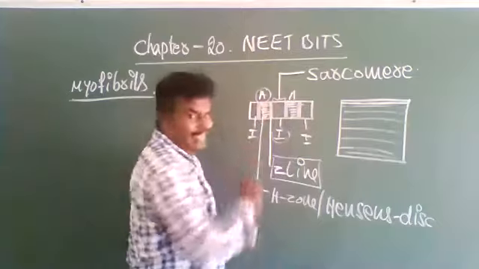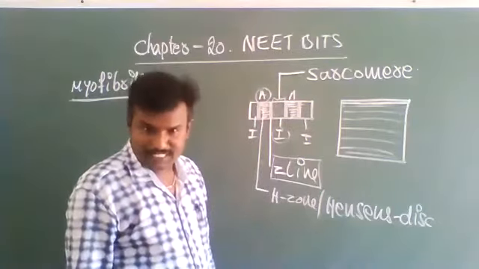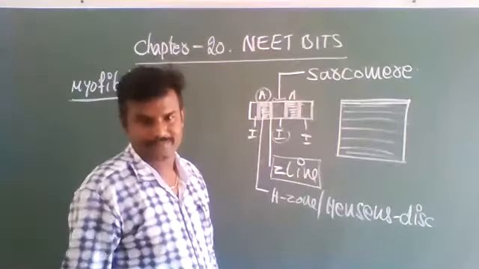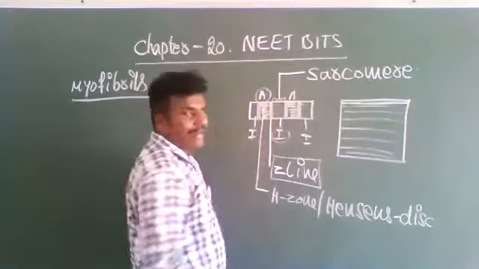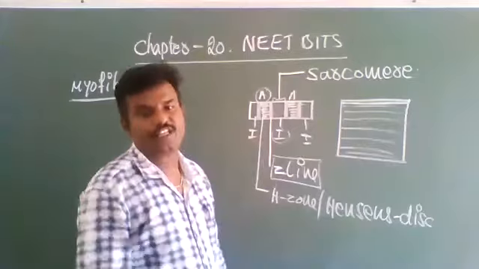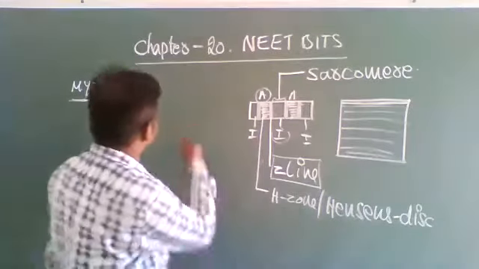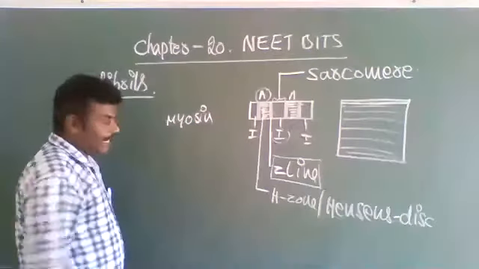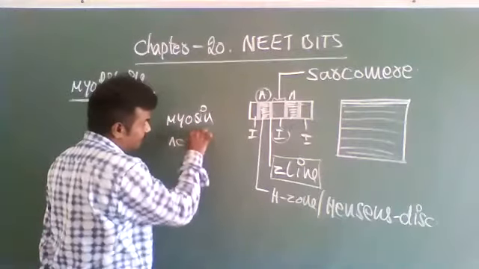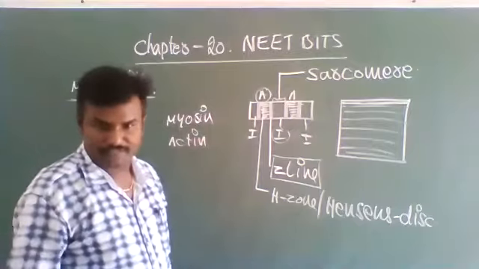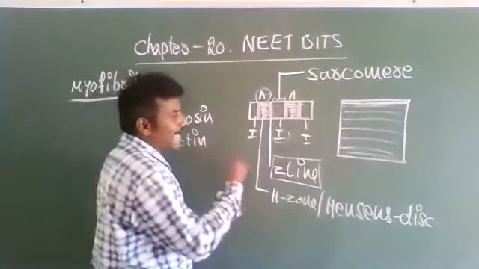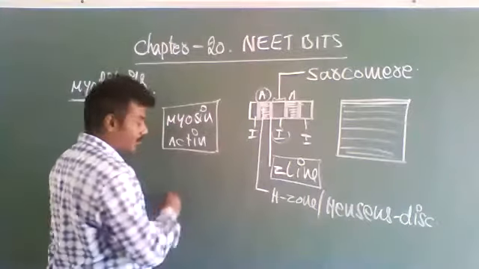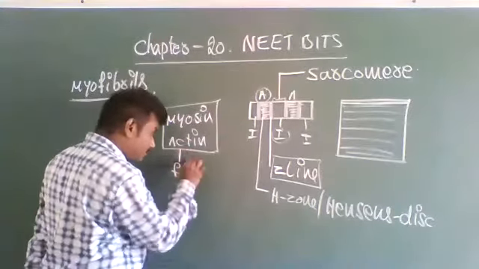The I band and A band contain two specific proteins, actin and myosin. Due to actin and myosin filaments, these appear in the form of filaments.